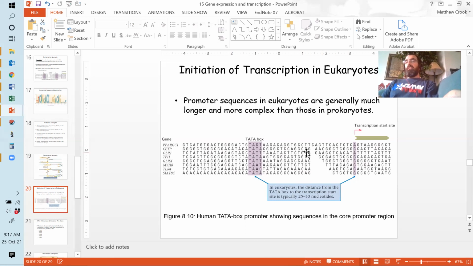There's a lot less commonality between promoters in eukaryotes, and promoter sequence in eukaryotes can be huge, right? In bacteria, they're pretty well defined and pretty small, typically in the hundreds of base pairs.